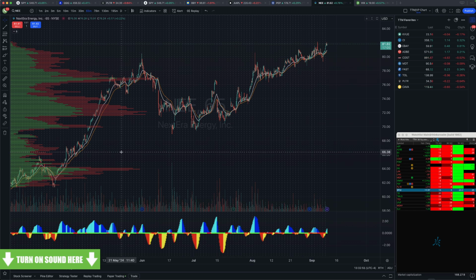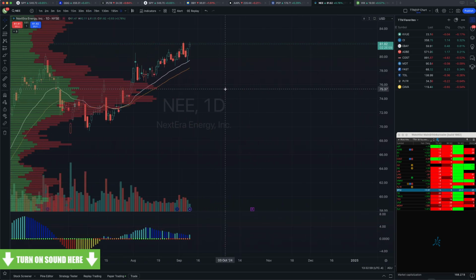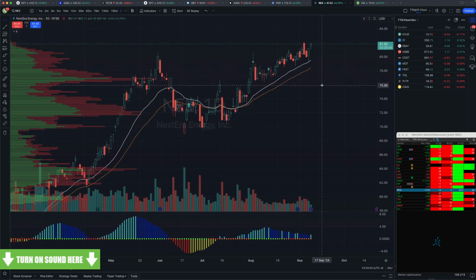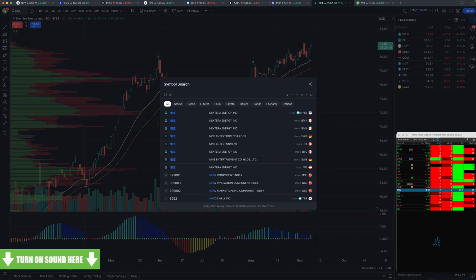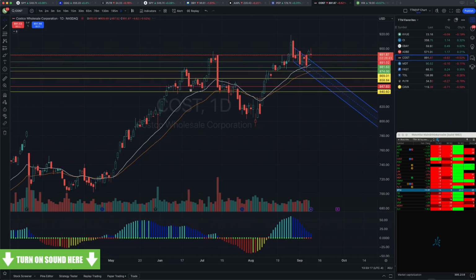Okay, so KNEE is interesting. It's a little extended. Like it's just sort of grinding up. I would need to find a level to take it off of, and I'm looking for some very specific stuff. We looked at HD, right? Yeah, and HD's moving. COST is probably moving as well. Not quite.